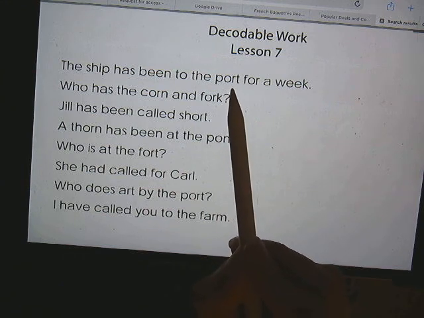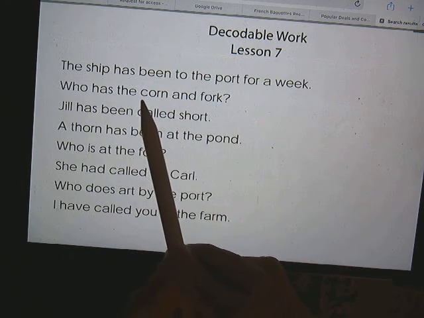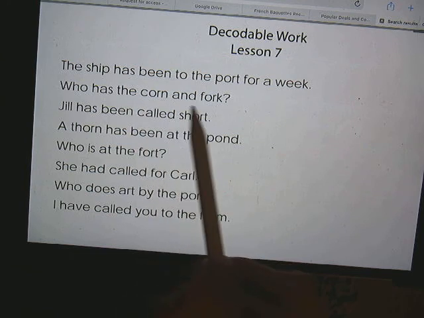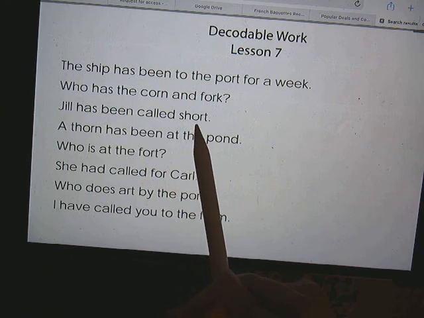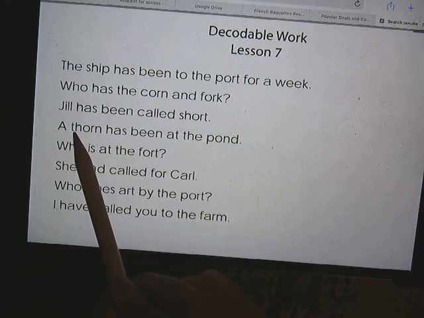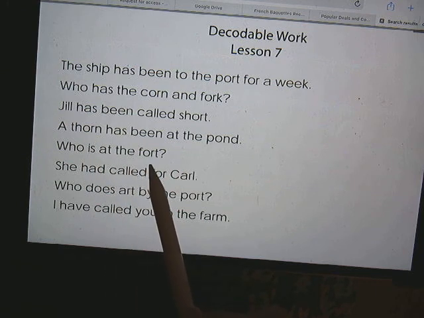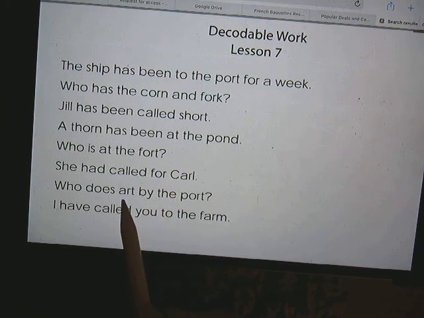Port, corn, fork, short, thorn, fort, for. And here's a bossy R: art, port, farm.